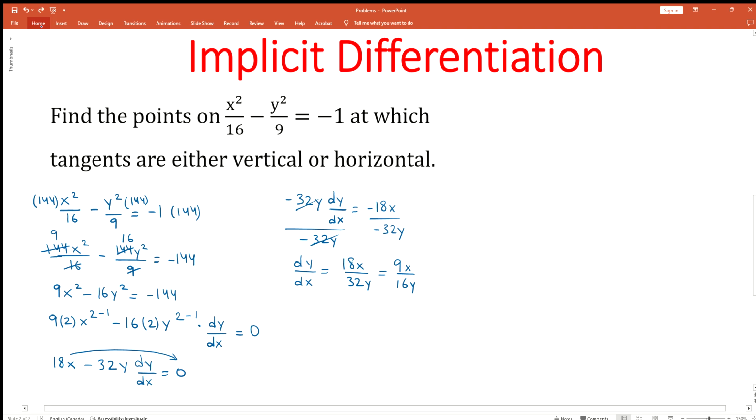Now we can do the analysis for vertical and horizontal tangents. Let's start with vertical tangents. As you may know, slope of a vertical line is undefined. So we should set the expression for dy over dx to undefined.